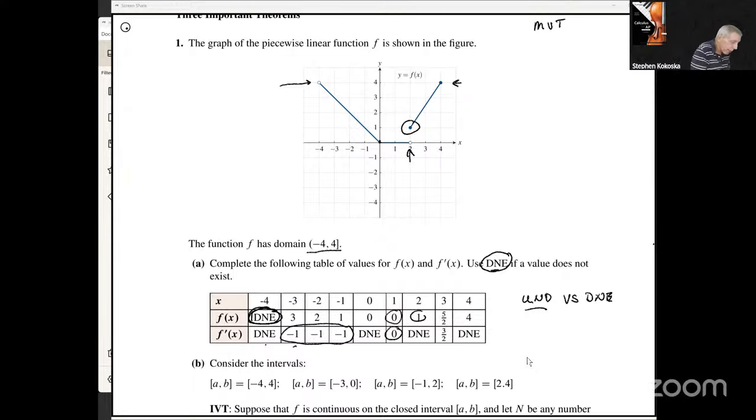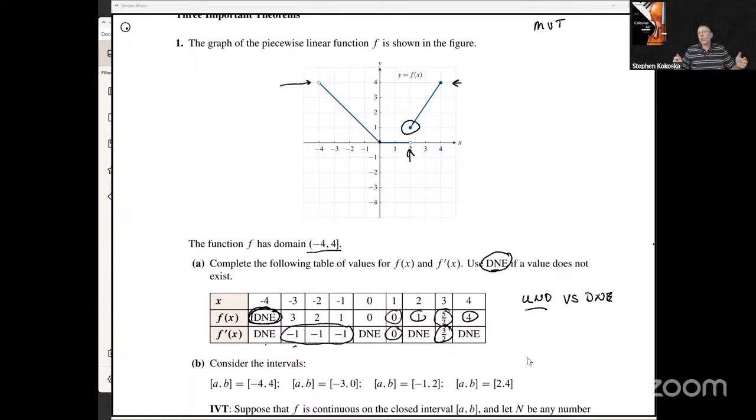At 3, the value of the function is 5/2. The value of the derivative is 3/2. Once again, the function is a straight line in that interval from 2 to 4. So I simply find the slope, and I think it's 3/2. And the value of the function at 4 is 4, and the derivative does not exist at 4.